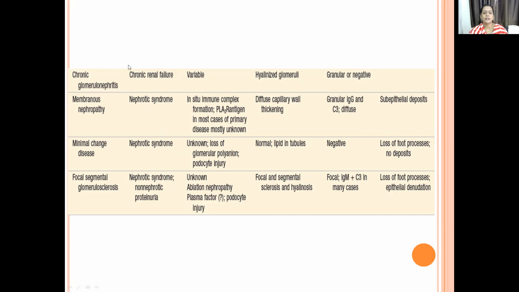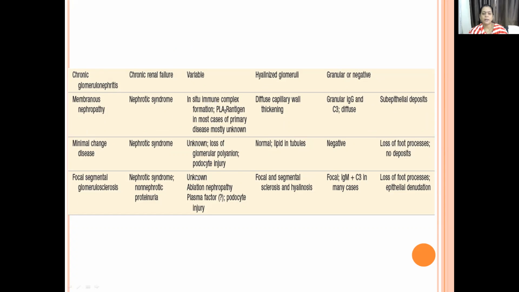In chronic glomerulonephritis with chronic renal failure and hyalinized glomeruli, the deposits are usually granular. Membranous nephropathy, I told you, the antigen is PLA2R, that is phospholipase A2 receptor, with IgG subepithelial deposits. Minimal change disease shows loss of glomerular polyanion, lipid in the tubules, loss of foot processes, and no deposits.